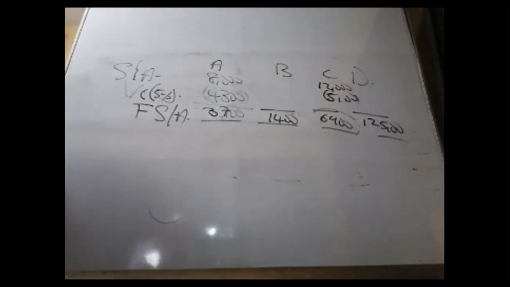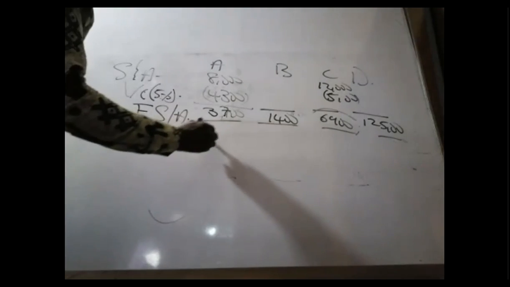Total will give us 24,500. That's more percent there. Right. So the total is 24,500.